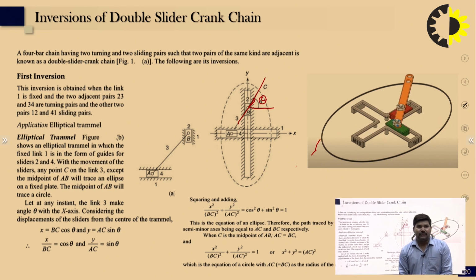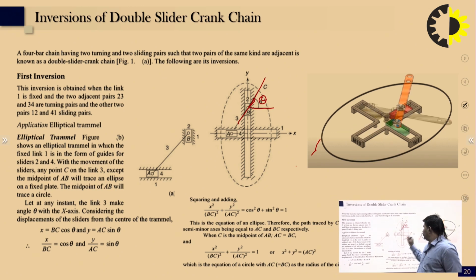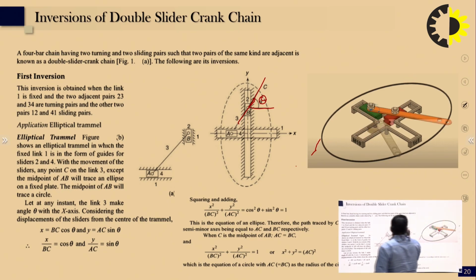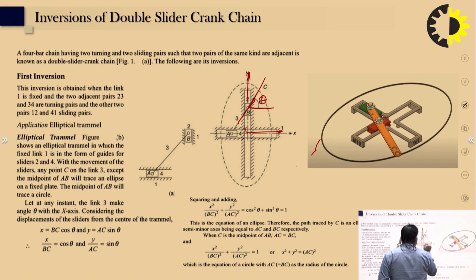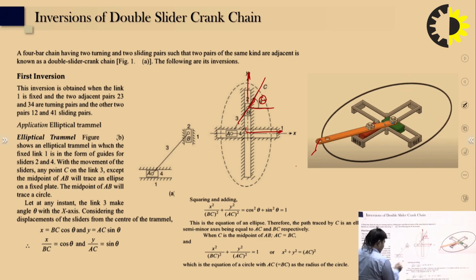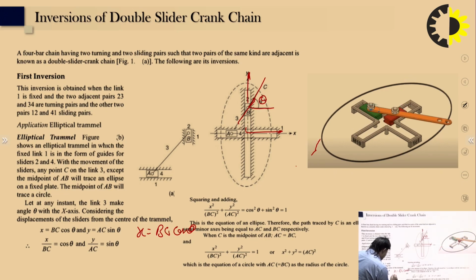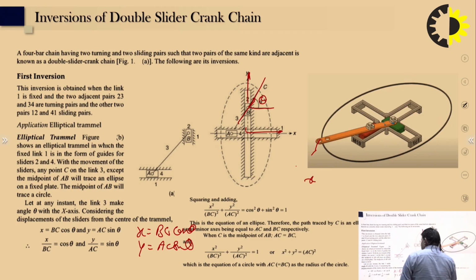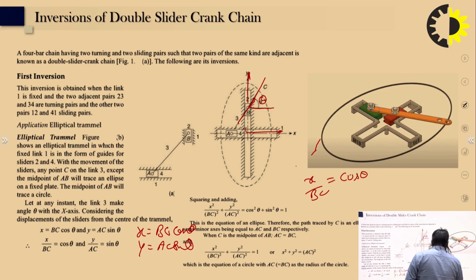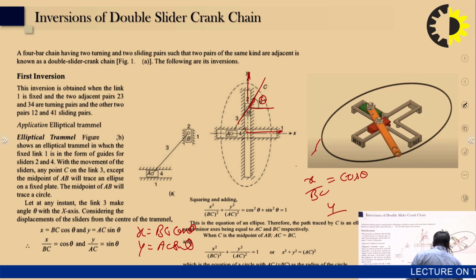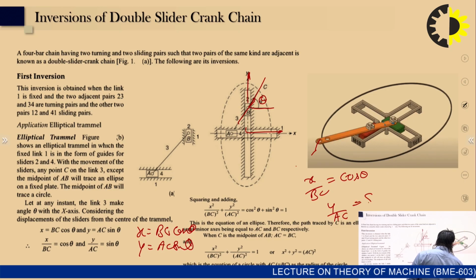It moves in terms of x and y. So x will be BC cos theta and y will be AC sin theta. Therefore, x by BC equals cos theta and y by AC equals sin theta.